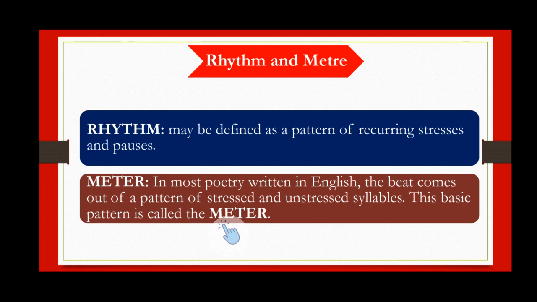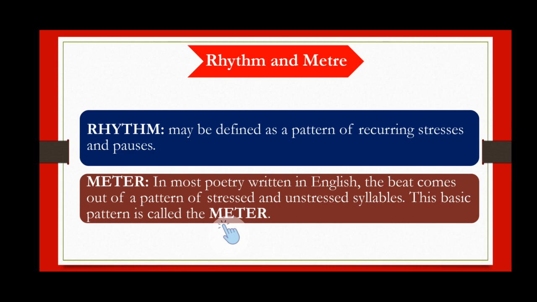Or in other words, meter also means the measurement of something. So we measure how many syllables there are, how many stressed syllables there are, how many unstressed syllables there are. And then we organize what the organization of these stressed or unstressed syllables is, or in what pattern these stressed and unstressed syllables are used in a rhythm.